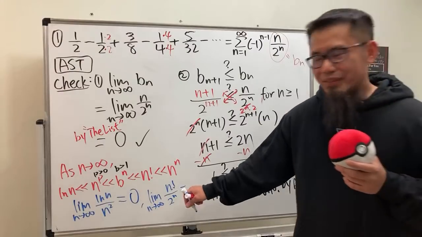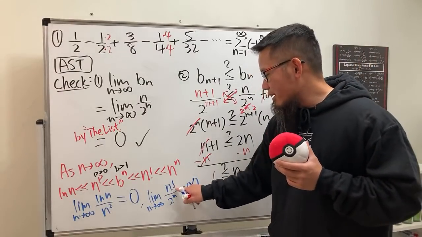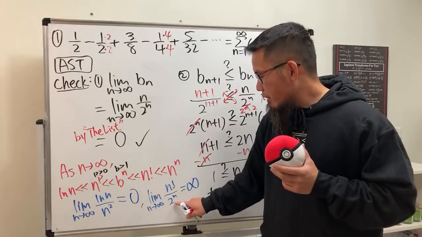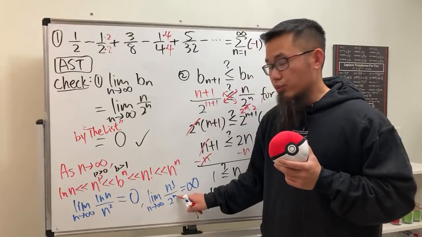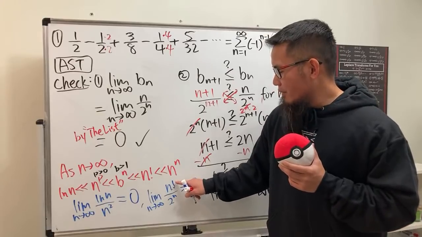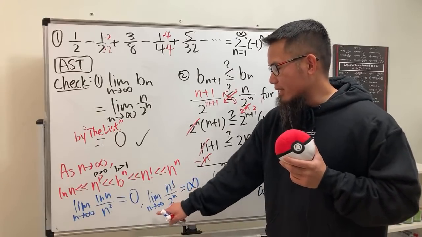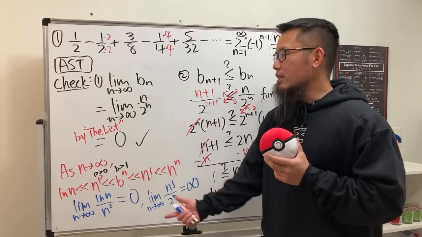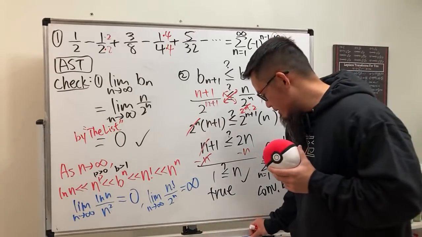This right here is infinity. Why? Because n factorial is bigger than b to the nth power, which is the 2 to the nth power. How much bigger? Well, big enough, if you do this divided by that, as n goes to infinity, you get infinity. So that's how you can use the list, right?